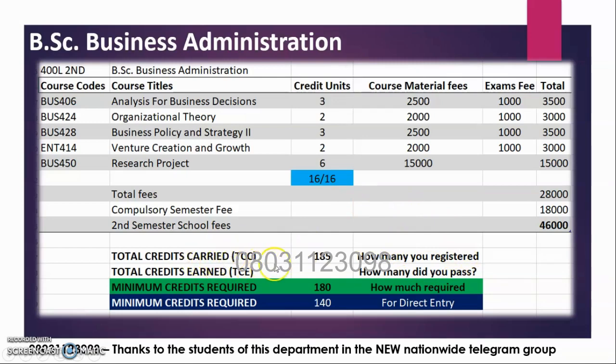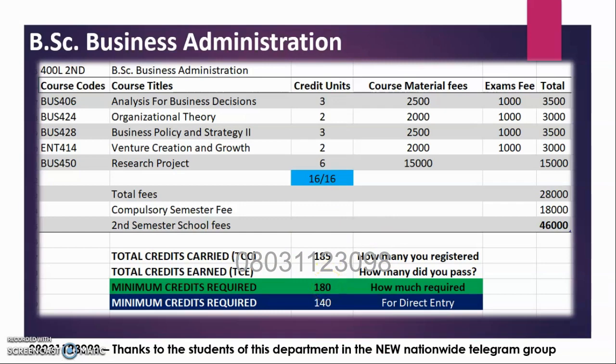So the total credit units you've carried is 185. That's the number of credit units you've registered, and you are supposed to pass a minimum of 180, which is total credits earned. So if total credits earned is 180, then you are a graduate.